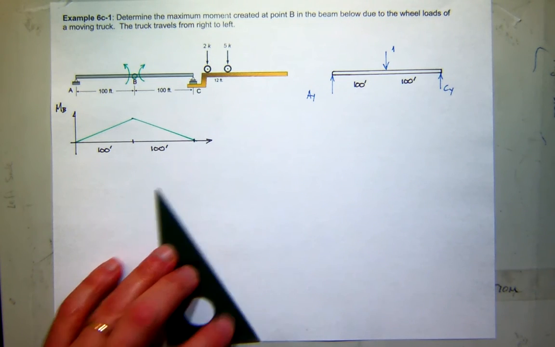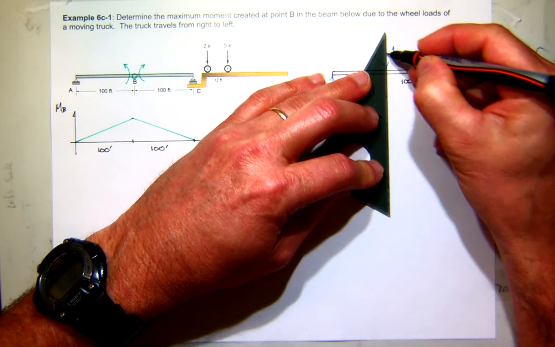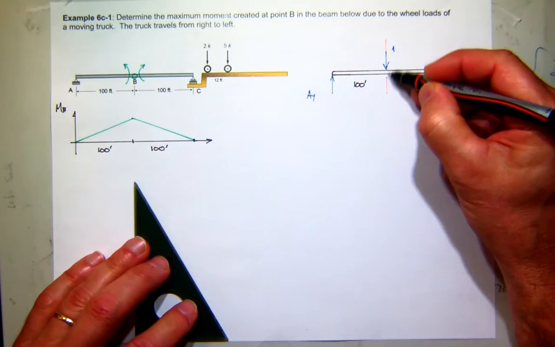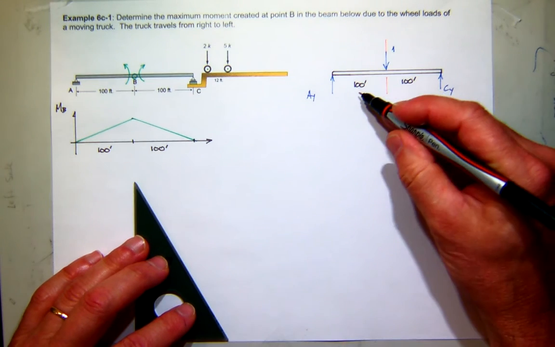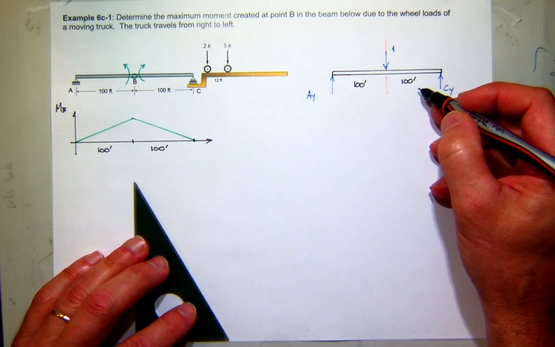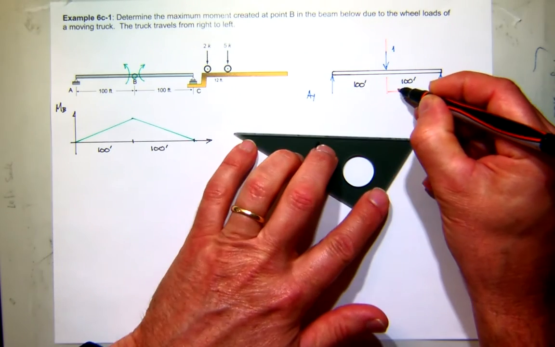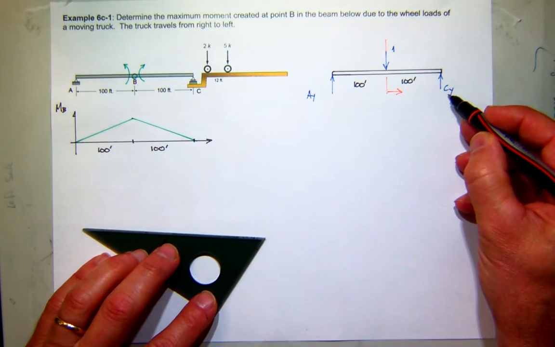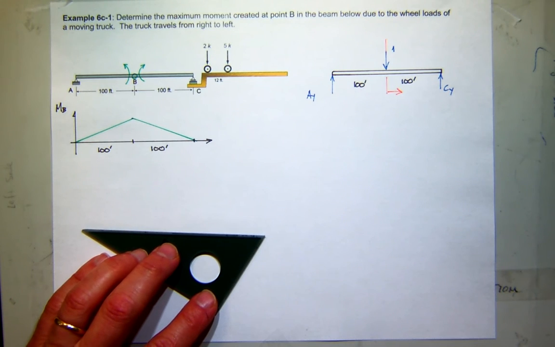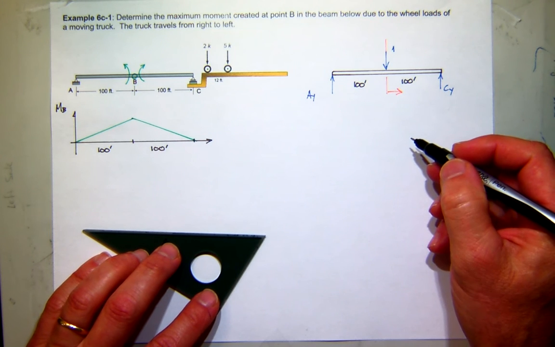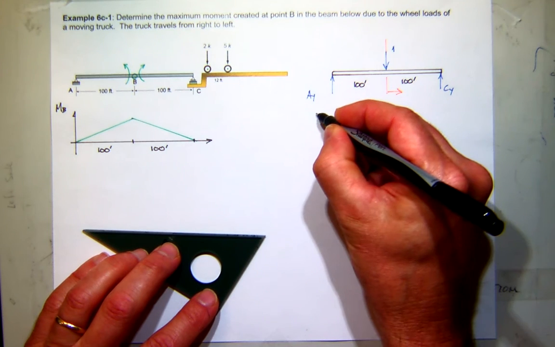So I'm going to cut my structure there and look at the internal moment at B. You want to work the left side or the right side? Right. So we want to work the right side. So I need CY. What do you think CY is going to be? Should probably be a half, right? Well, let's just check real quick.